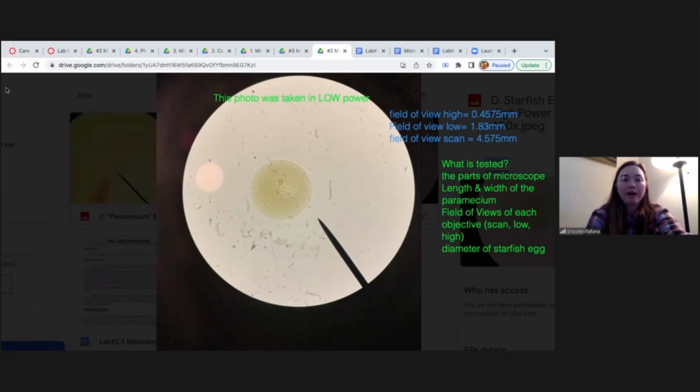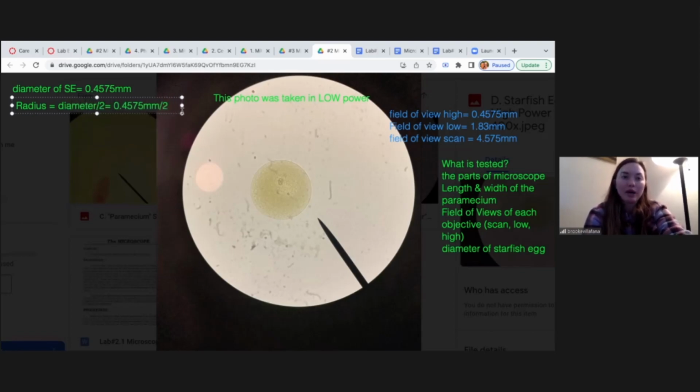Okay, so we found that the diameter of the starfish egg was 0.4575 millimeters. So we're going to find the radius next. To find the radius, we take 0.4575 millimeters and divide it by 2. The radius of something is always the diameter divided by 2.